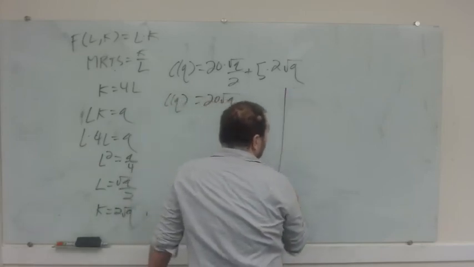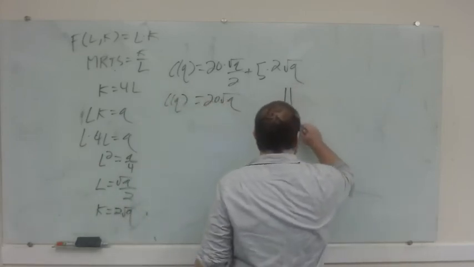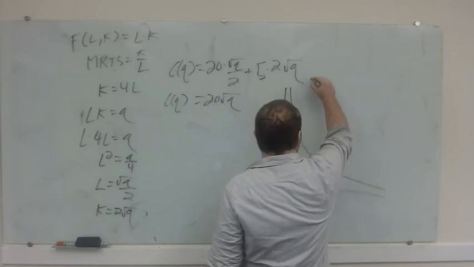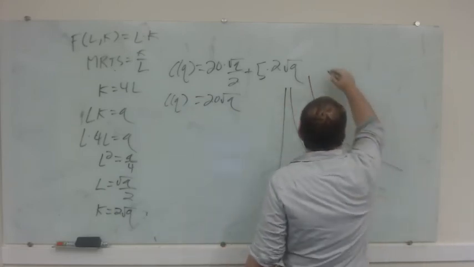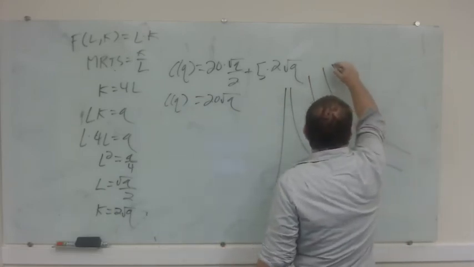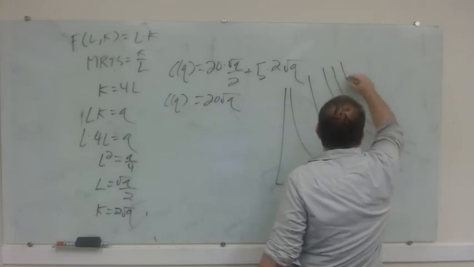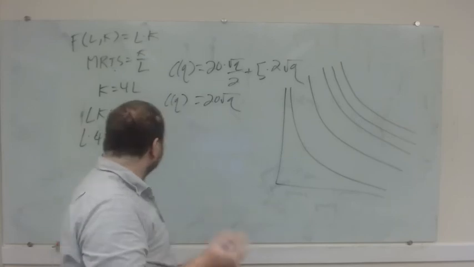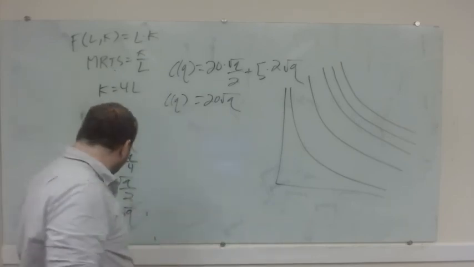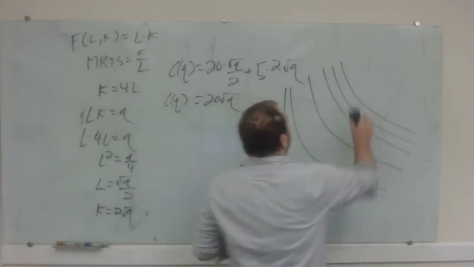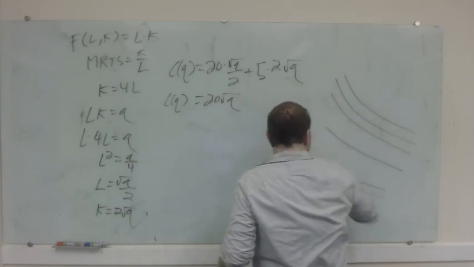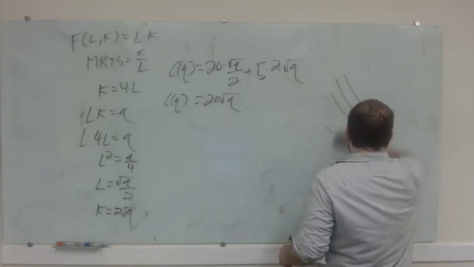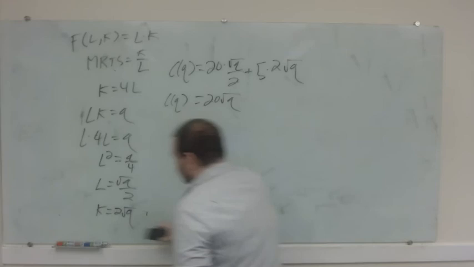And in this case, for equivalent reasons to the last case, if we drew our isoquants, they would get closer and closer together as I increased my output. So increasing returns to scale is going to be the opposite of decreasing returns to scale. Cost per unit is going to fall as output increases, and isoquants are going to get closer together.